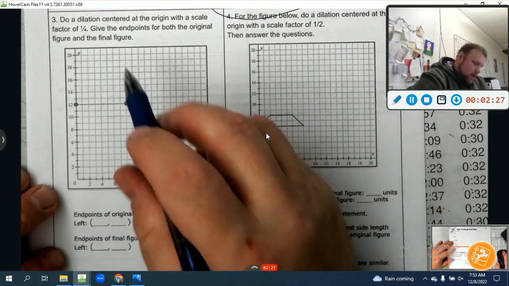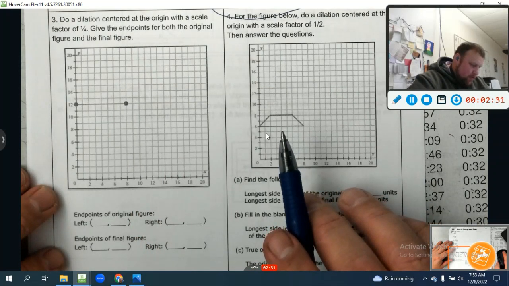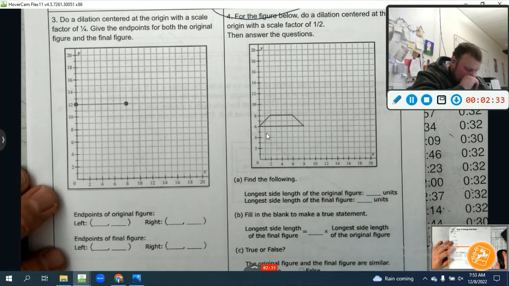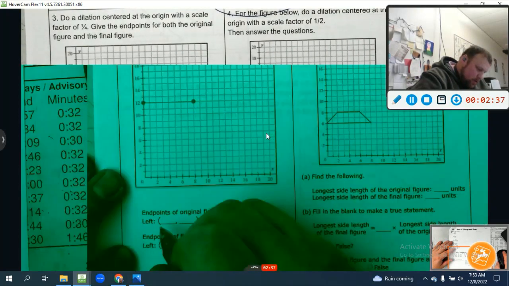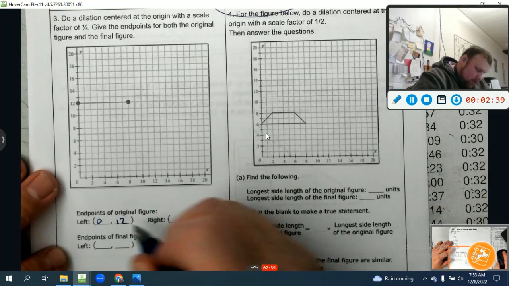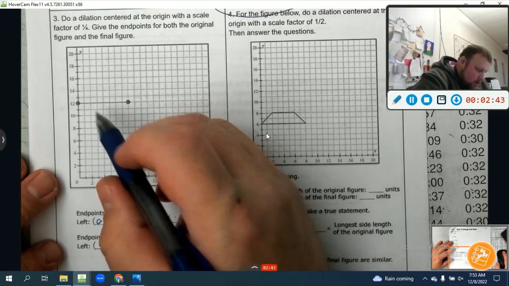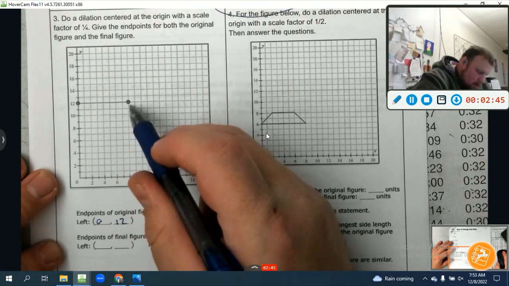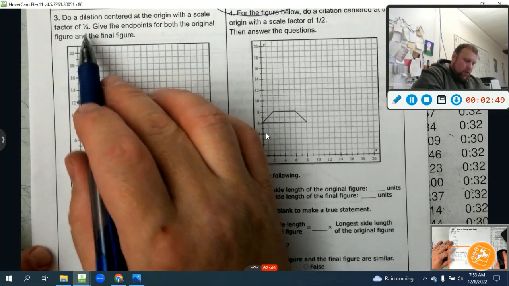Do a dilation centered at the origin with a scale factor of 1/4. Give the endpoints for both the original and the final figure. The endpoints of the original figure are 0, 12, and 8, 12. If it's a 1/4, that just means I'm dividing by 4 or multiplying by 1/4.